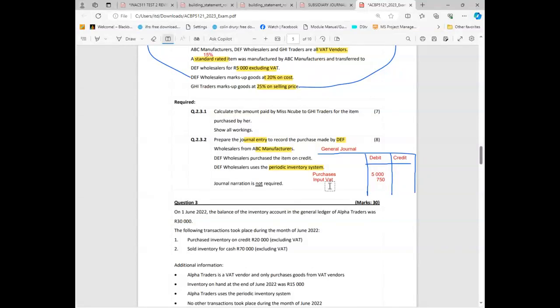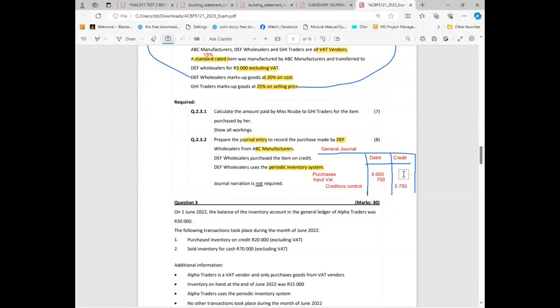Can you see how I put it? I put it a little bit further, not in line. Don't put it in line. Just put it a little bit further to show that it's going to the other side. And you say on the credit side, 5,750.